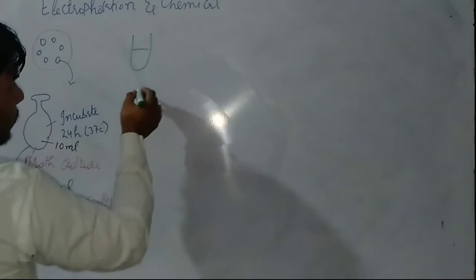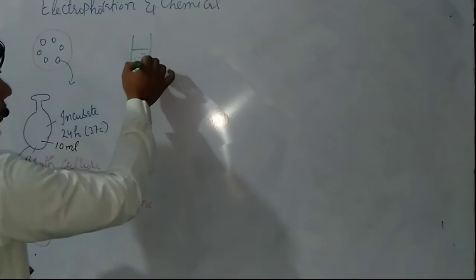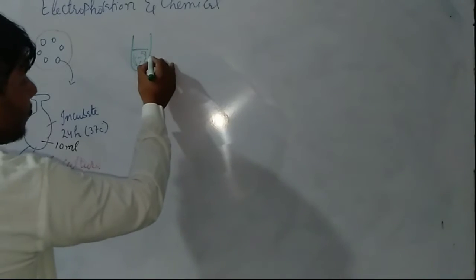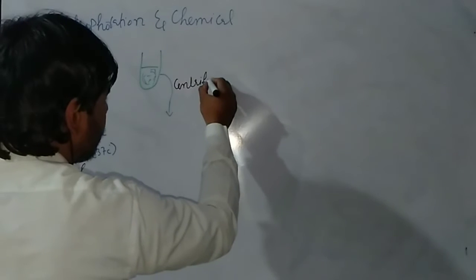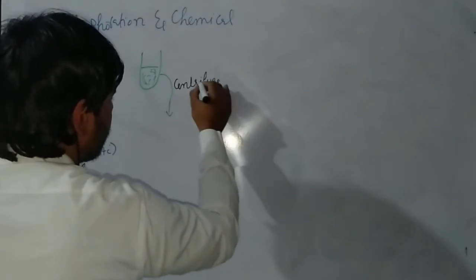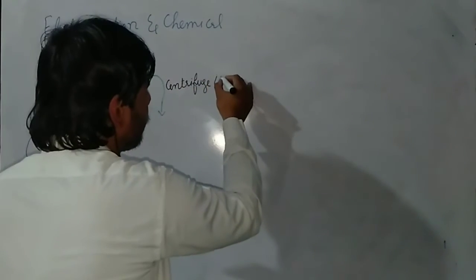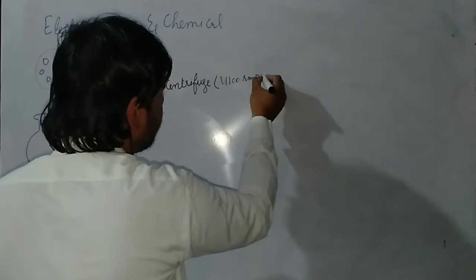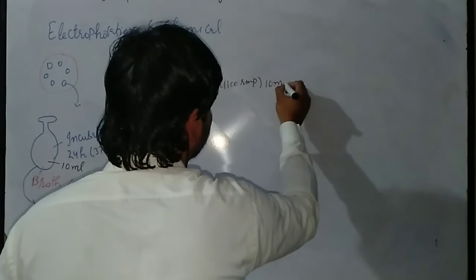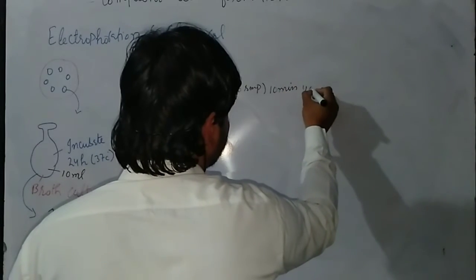Inside the next tube we have all the culture, as you can see, in liquid form. Then we will centrifuge this culture at 4100 RPM for 10 minutes at 4 degrees centigrade.